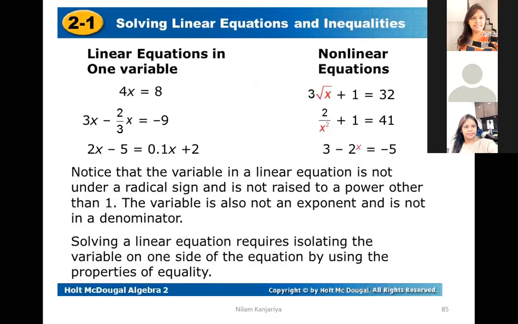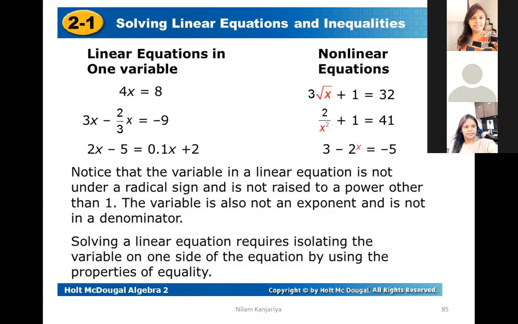So here, look. On your left hand side, x is equal to 8. It's linear because x has power 1. Similarly, the second equation is also linear because x has power 1. But on your right hand side, they are non-linear because the x variable has power 1/2.